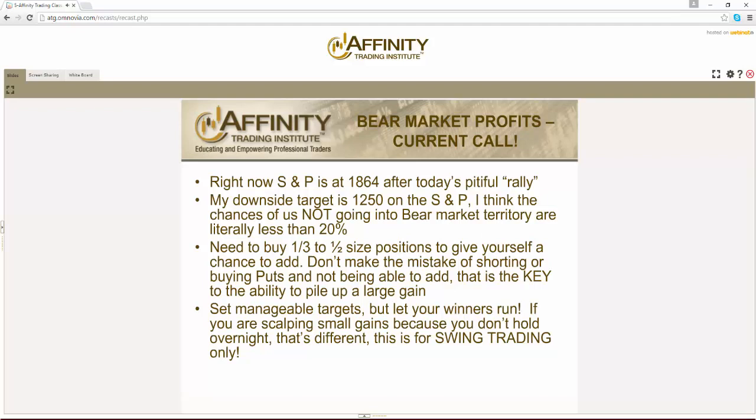So one of the things we look at, and I'll talk more about it in a minute, is relative weakness and relative strength. I just talked about Apple, right? So I'm very bearish on Apple. Since I did this class last week, the market has rallied about 50 S&P points.